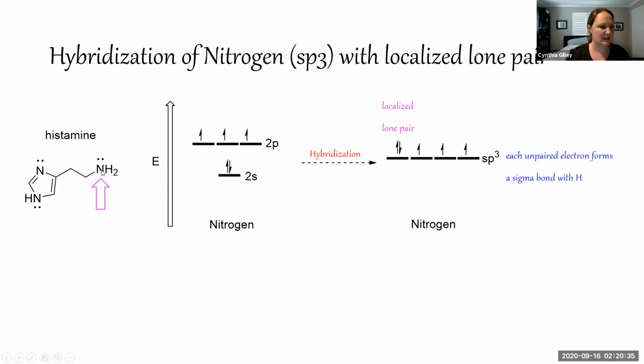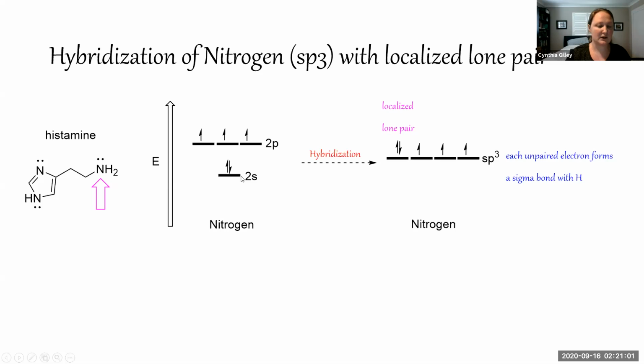We're looking at this nitrogen. What does it have? It's making 3 sigma bonds, 2 to hydrogen atoms, 1 to this carbon, and it has 1 lone pair, and it is a localized lone pair because there are no p orbitals next door. So it's a localized lone pair, so we know that lone pair should be in a hybridized orbital. So let's look at nitrogen's electron configuration.